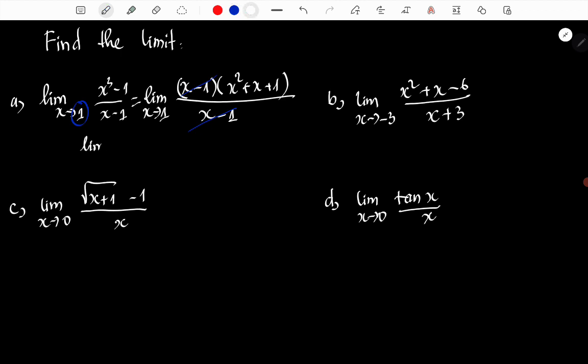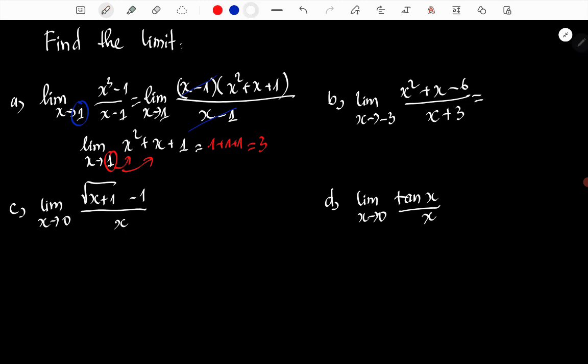So the limit as x goes to 1 is going to be x squared plus x plus 1. So we just simply replace x with 1. So we have 1 plus 1 plus 1 equal to 3. So the limit of this function is 3 when x goes to 1.